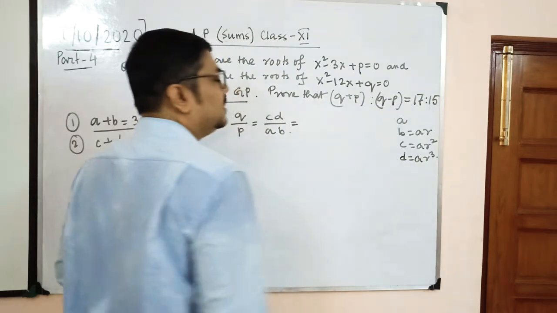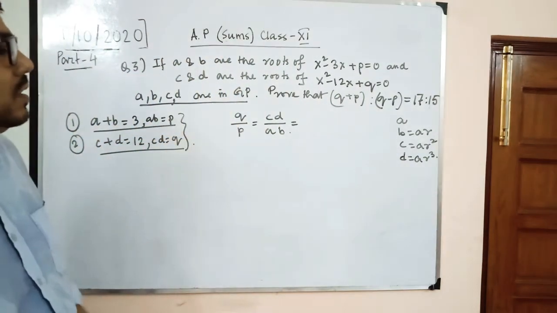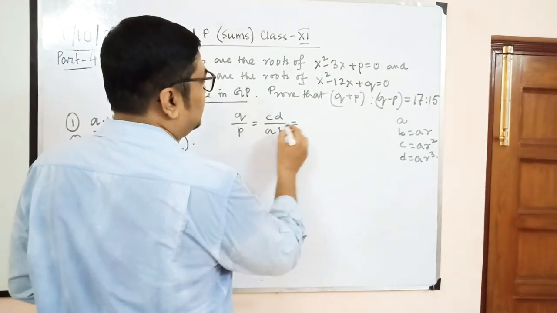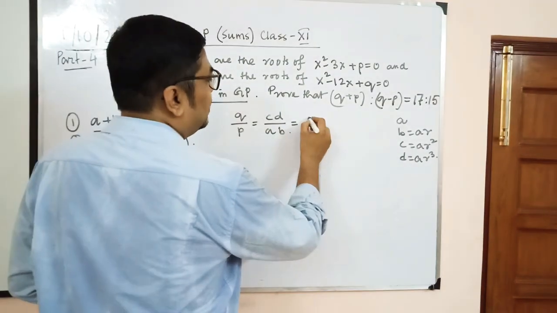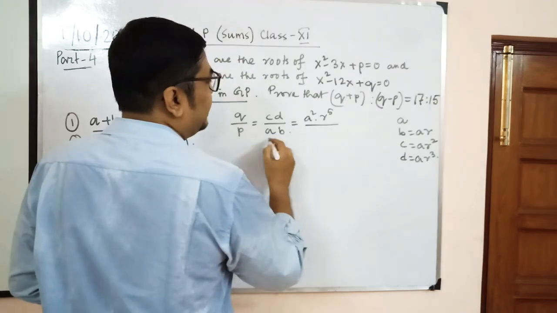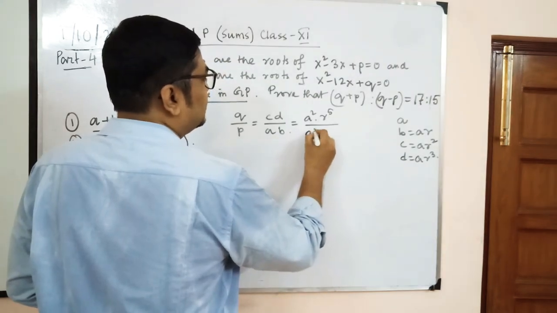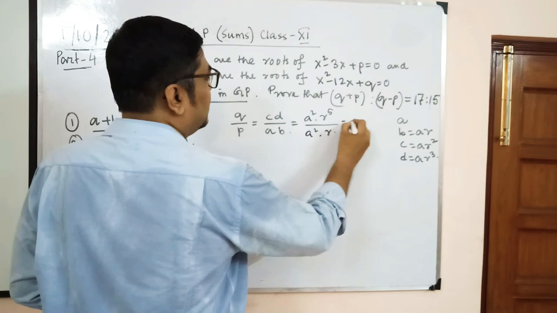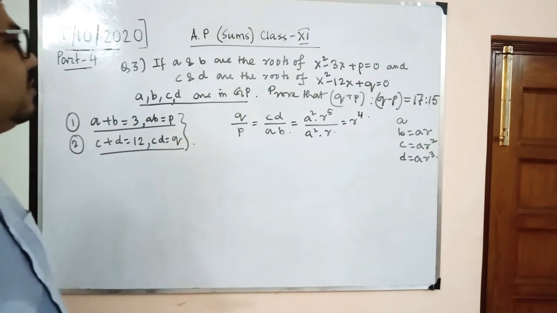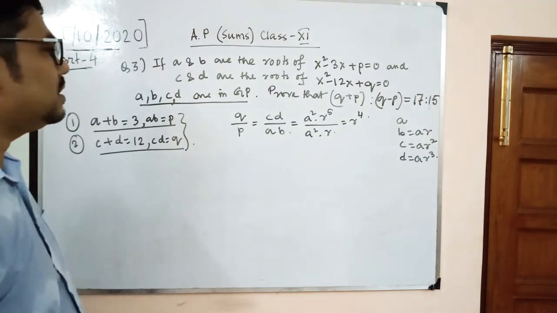If I assume like this, then if I do a product of CD, you can see what's happening. It's A square, then R to the power 5, and AB will give you A square R, so it becomes R to the power 4.